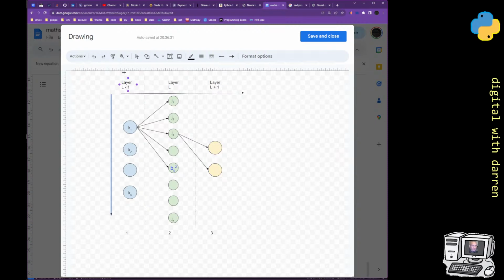We've called this layer 1, layer 2, and layer 3. And we count down. So now we've got a way of identifying any single component. So if I said 3, 2, that's this one here. And if I said 1, 1, it's this one over here.